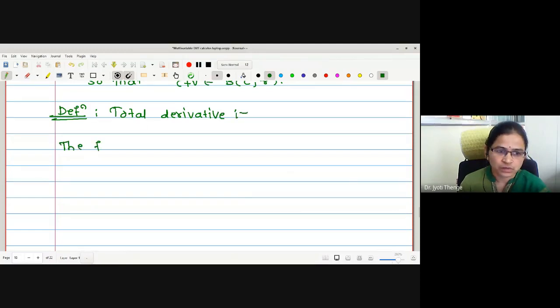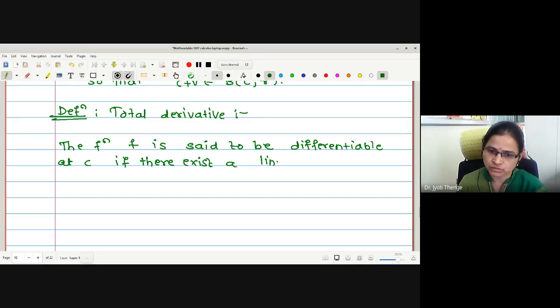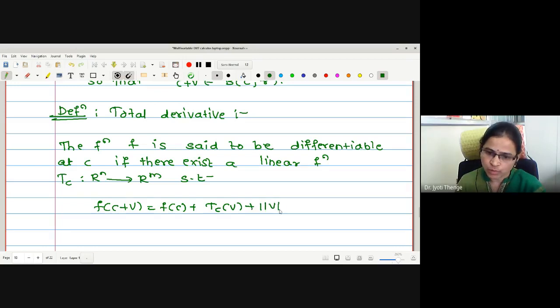The function is said to be differentiable at C if there exists a linear function T_C from R^n to R^m such that f of C plus V equals f of C plus T_C of V plus norm V times error of V, where error tends to 0 as V tends to 0.